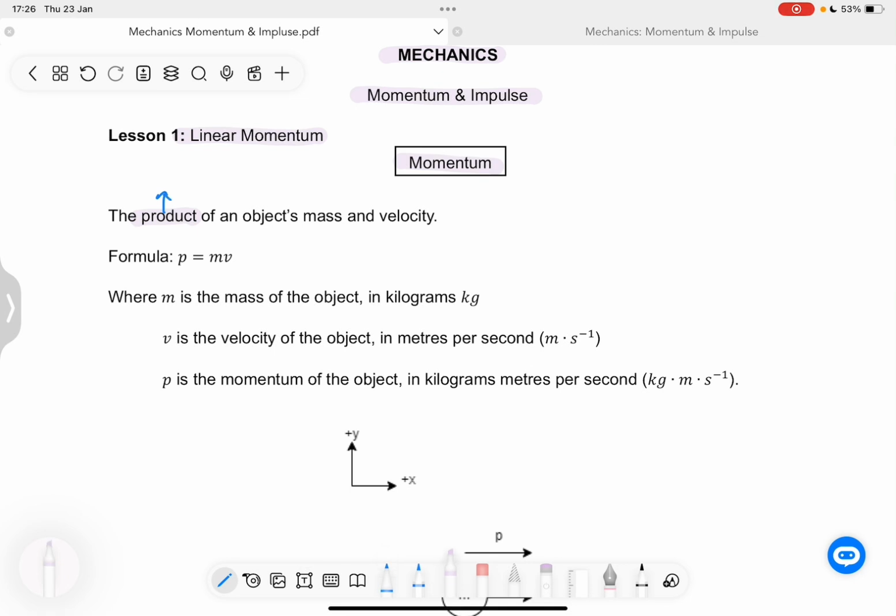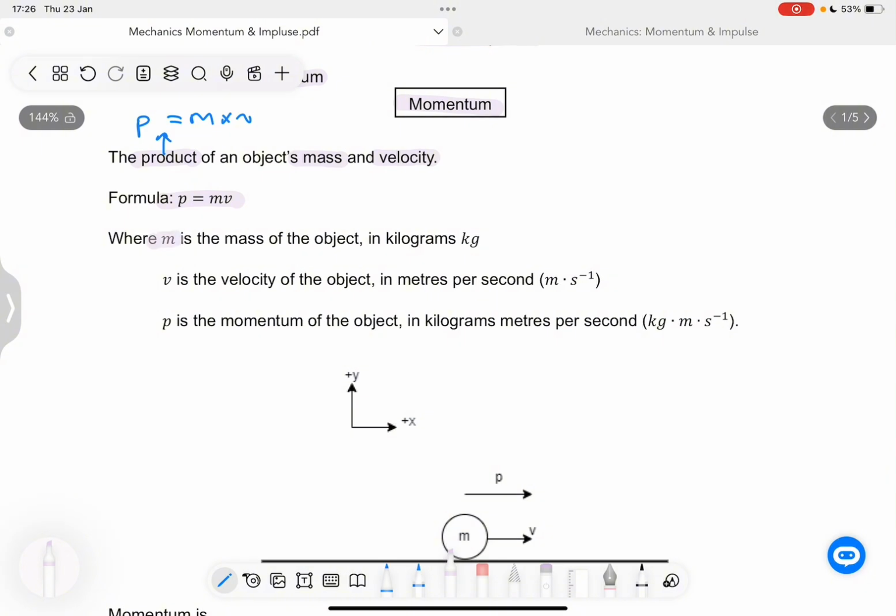So in this case, if we multiply the mass and the velocity of the object, m times v, the number that we get is called momentum. Hence, it is given by the formula p = mv.